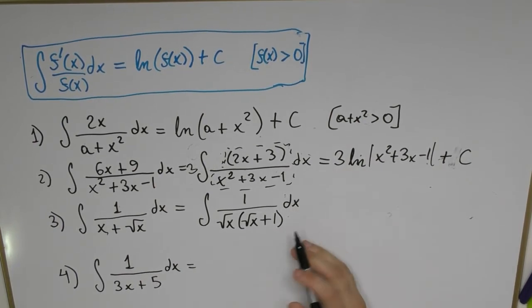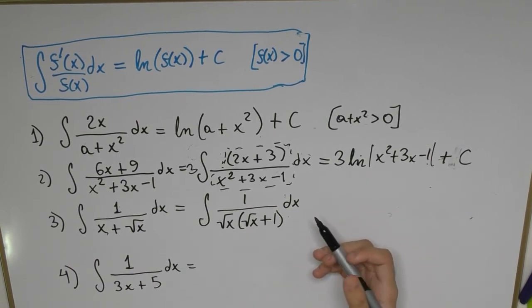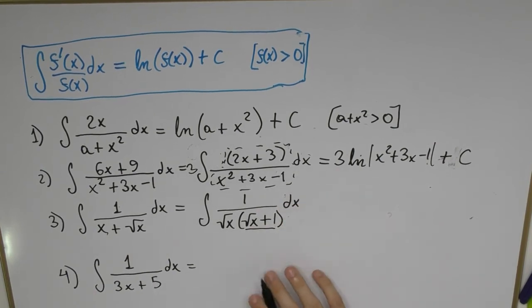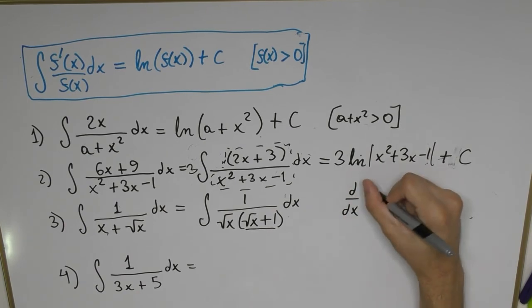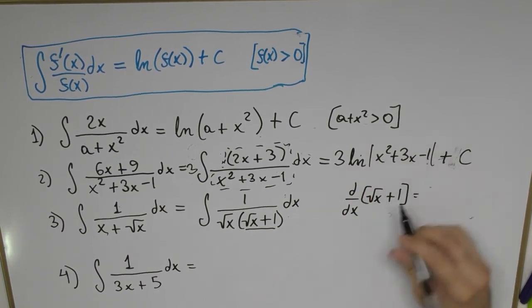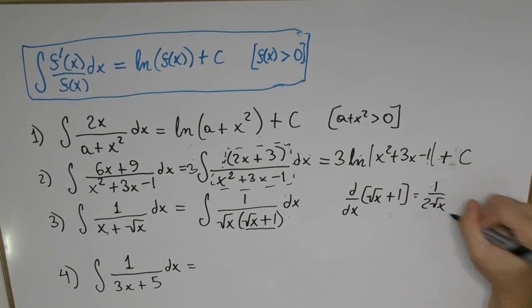Now it's still the same function, so you might be wondering what has changed. Well, if you look at the expression in the brackets, we can now try to differentiate that to see what we get. So we have root of x plus 1. Now this one, as we know, is going to become 1 over 2 root of x.